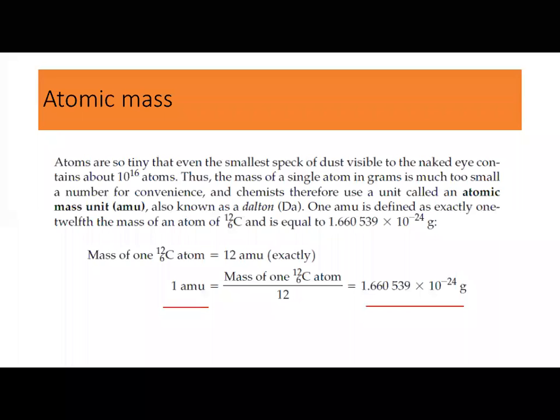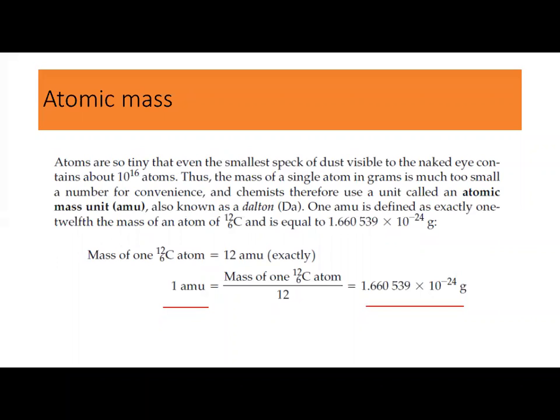We also discussed the atomic number and the atomic mass. Let's suppose this is the carbon atom. What is the atomic number written over here? 6 is the atomic number. And what is the mass number? 12.